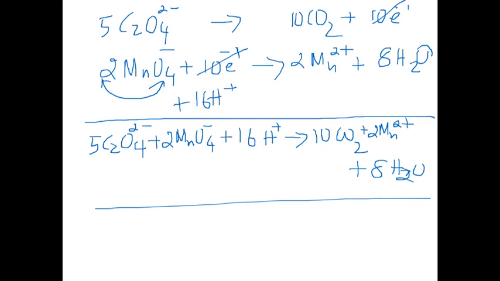You have a completely balanced redox equation here, and we have used the ion-electron method. The equation is balanced in an acidic medium. If you count the charges on the left and the right, they will be the same. So this is how you balance a redox reaction using the ion-electron method.